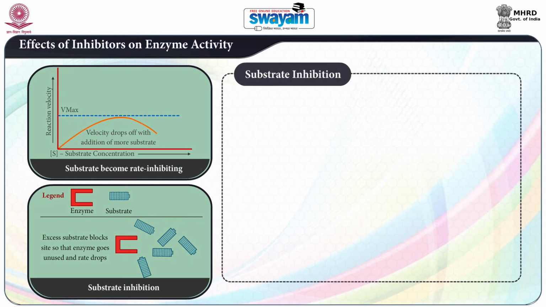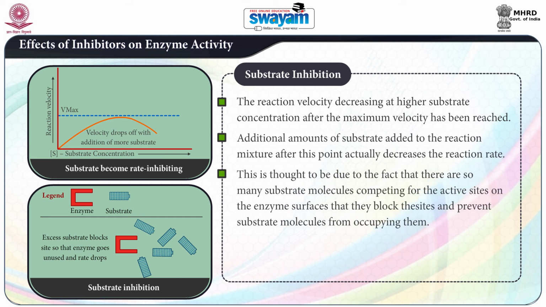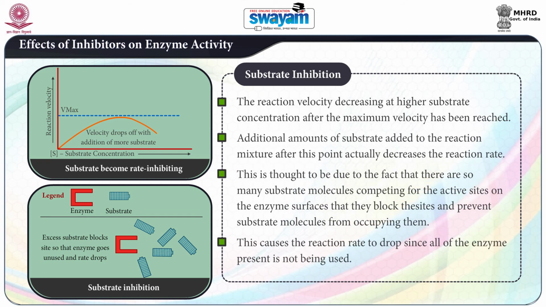Then substrate inhibition. Some of the enzymes are inhibited in the presence of high substrate concentration. This is because in the initial stage, when we increase the substrate concentration, more and more substrate is available and therefore, the enzyme reaction proceeds faster.